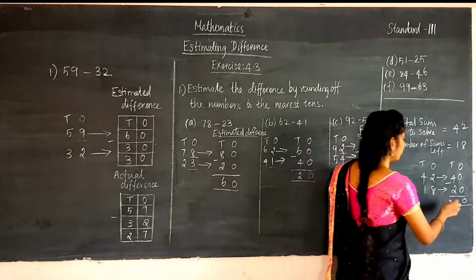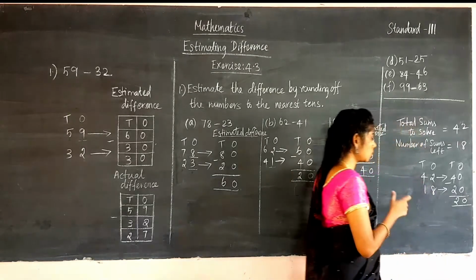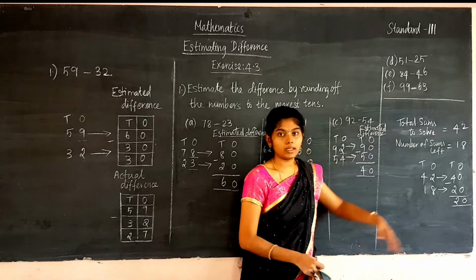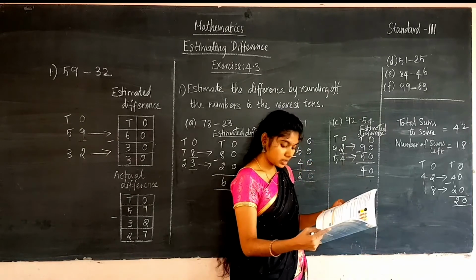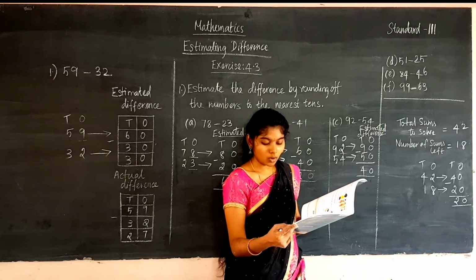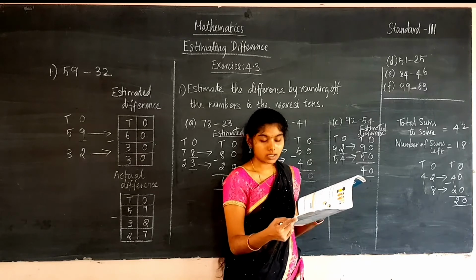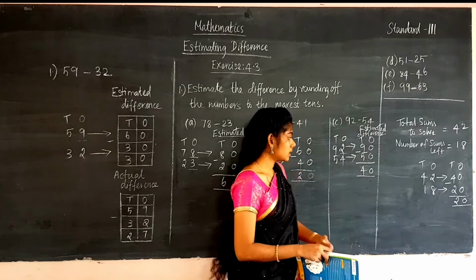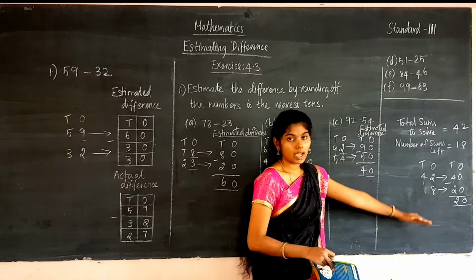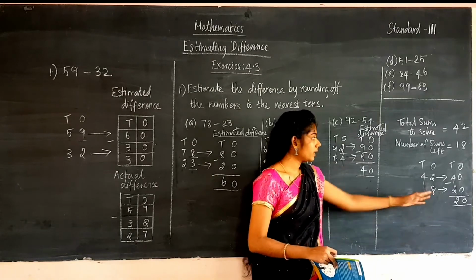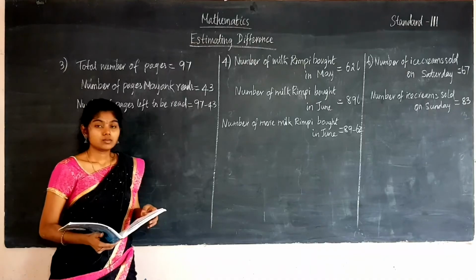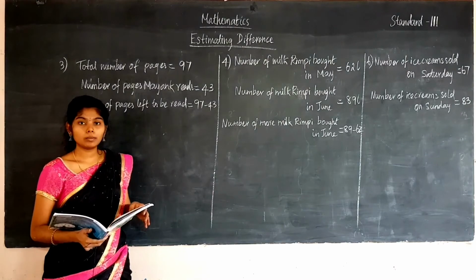So write 2. Now you got the answer as 20. This is the estimated answer. The question asked to estimate the number of sums solved by Priya, so we have estimated that she has solved 20 sums. Priya solved 20 sums.